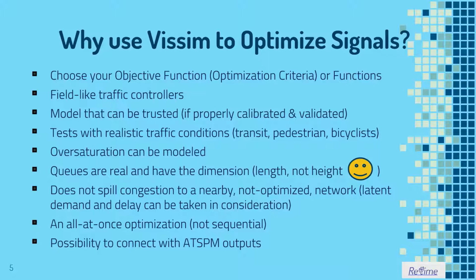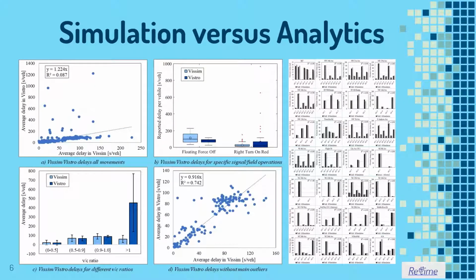So here's just a very short example. We recently did a study. We did our best to adjust one model in Vistro, and Vistro is actually a great tool. It's just a representative analytical tool. It's not about the quality of a particular software, it's about the quality of the fundamental theory that goes into the software.